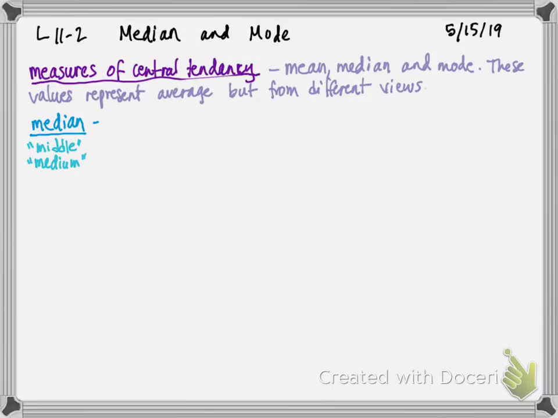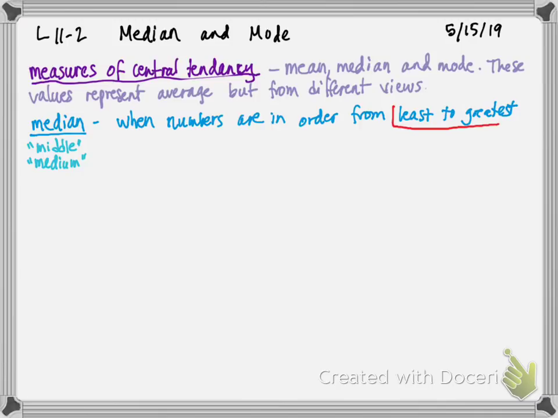And the definition of a median is when numbers are in order from least to greatest, and I'm going to box that in red because that's very important. A lot of times, probably the biggest mistake kids make is that they just take the numbers the way they're given and they find the number in the middle. Unfortunately, if the numbers aren't in order from least to greatest, it will not be the median.